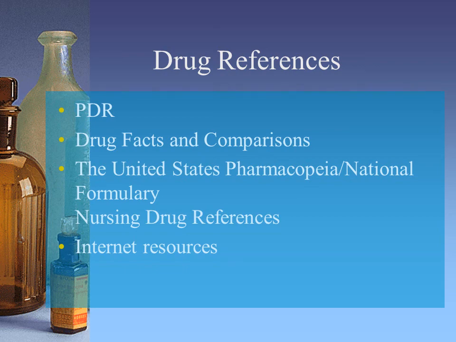The last piece I have on here is internet resources. There are many, many, many internet resources out there for looking up medications, medication information. The main thing I want to let you know about this is make sure you are looking at a reputable source. Some of the ones that you'll see referenced in here are RxList, drugs.com, and PDR Online, which is the above desk reference but in an online version.